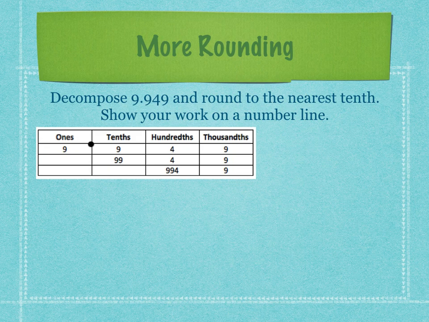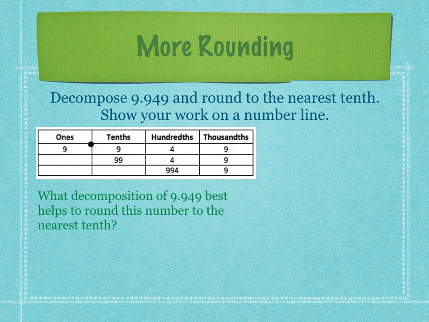We can break it into 9 ones, 9 tenths, 4 hundredths, 9 thousandths, or 99 tenths, 4 hundredths, 9 thousandths, or 994 hundredths and 9 thousandths. Since we are rounding to the nearest tenth, the one with 99 tenths would be the one for us to use. That would be the best decomposition, the one with 99 tenths.